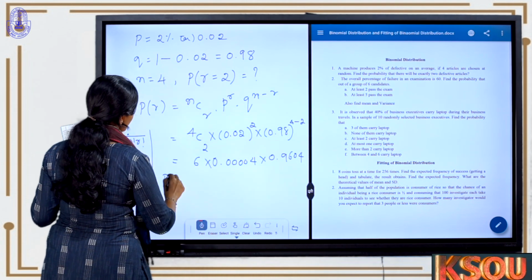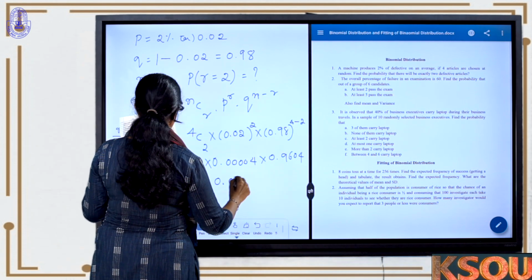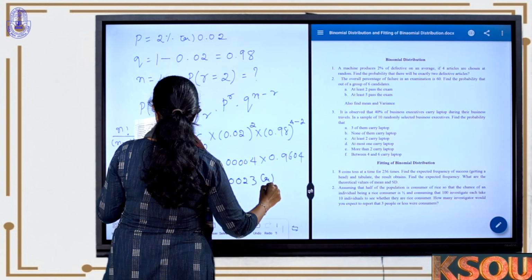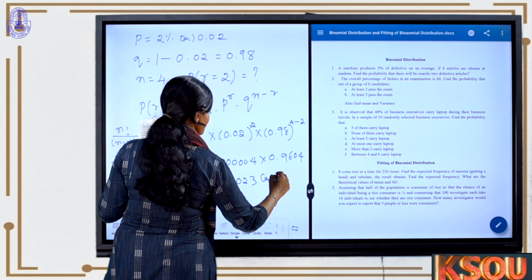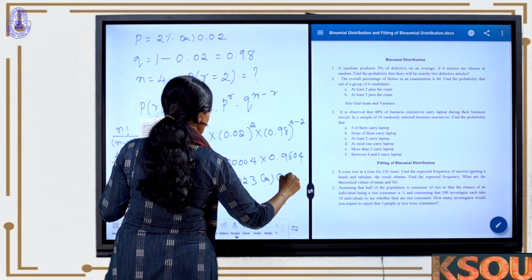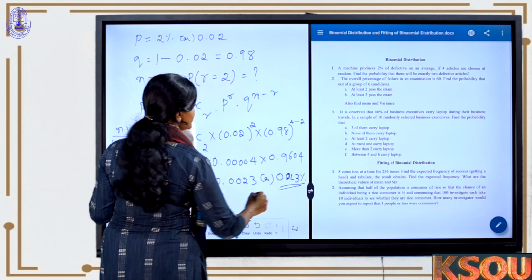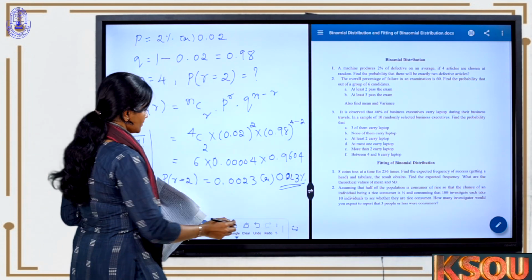So therefore P of R is equal to 2 is 0.0023 or 0.23%. So like this you will have to calculate here.